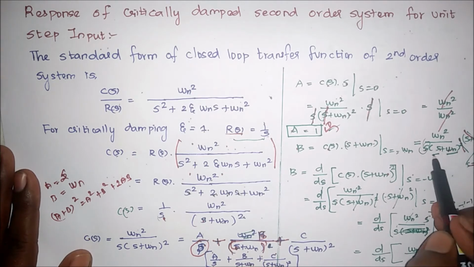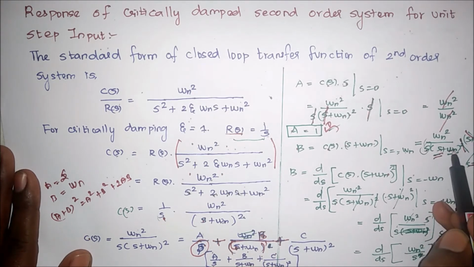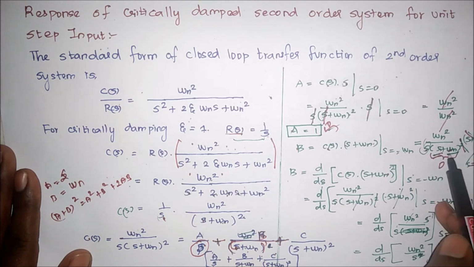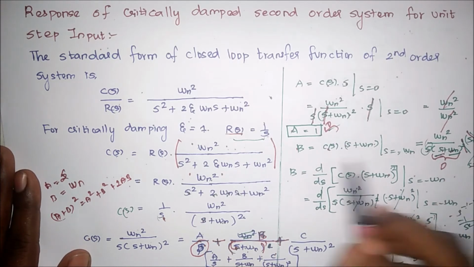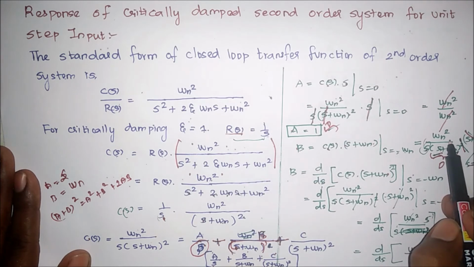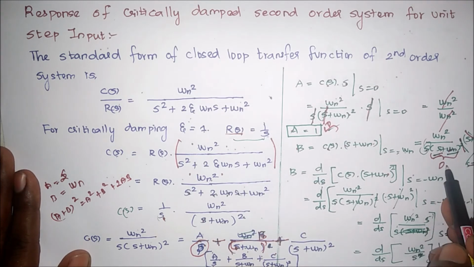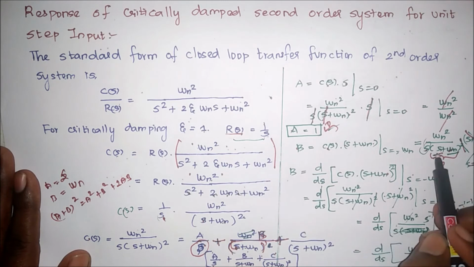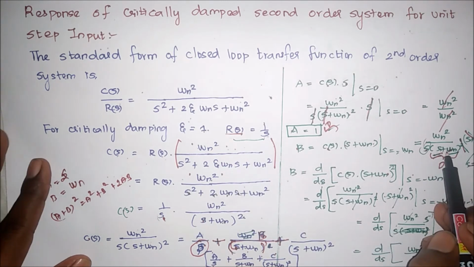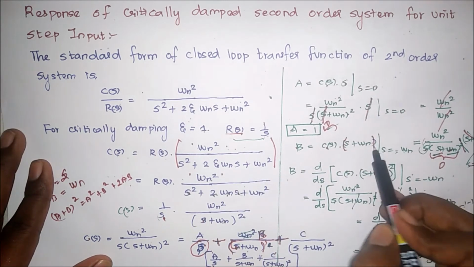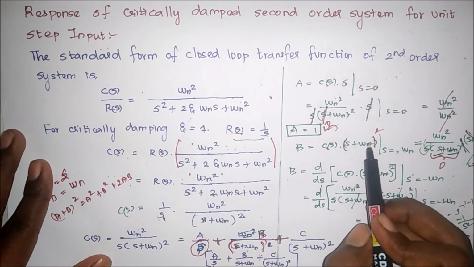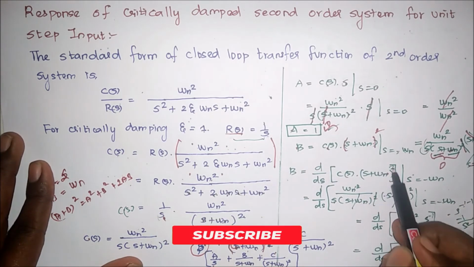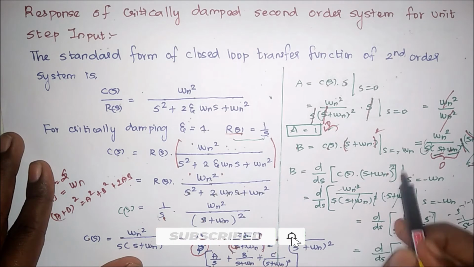If we substitute S equal to minus omega n, the term S plus omega n becomes 0. A denominator of 0 means B would become infinity, but it should not come as infinity. So we have to square this root, then differentiate the entire answer.